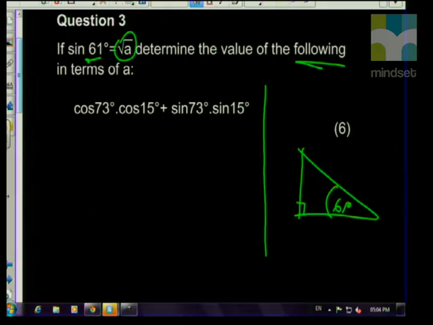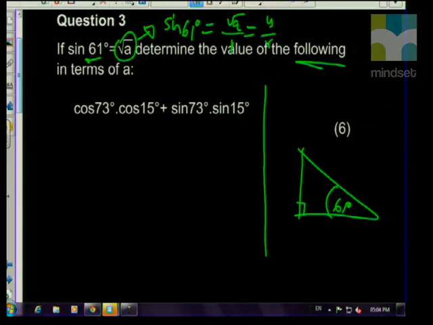Sine 61 is the square root of a. Now, you know for a fact that sine is y divided by r. But now I'm not given r. What you need to do is to rewrite this. This is sine of 61 equals the square root of a divided by 1. Now, that is your y divided by r.